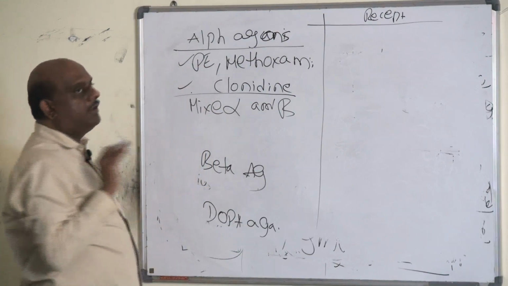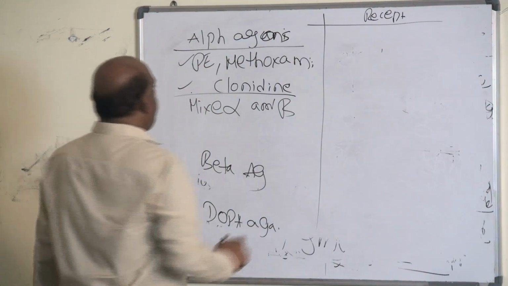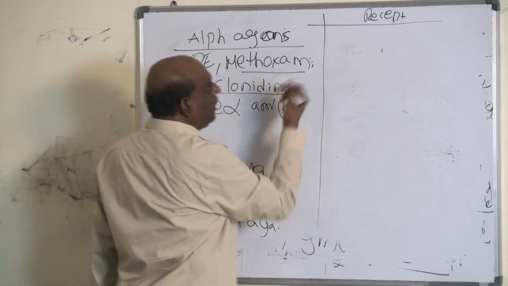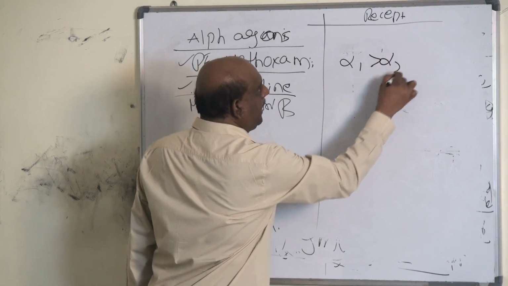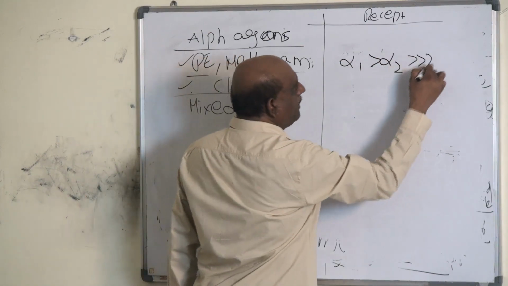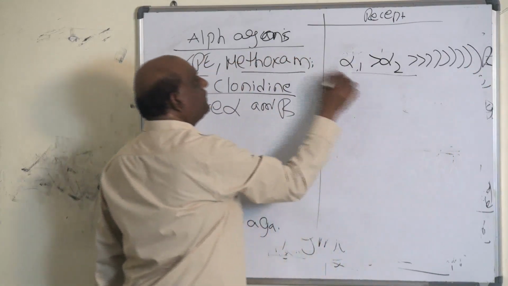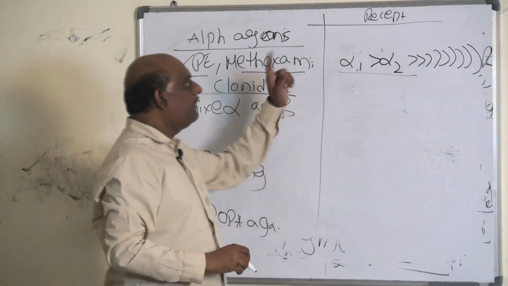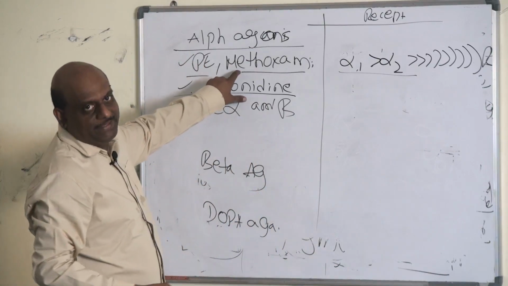They are alpha agonists. For phenylephrine and methoxamine, their effect on alpha 1 is more than alpha 2, which is far more than beta. Almost they are alpha only, in that alpha 1 more than alpha 2.